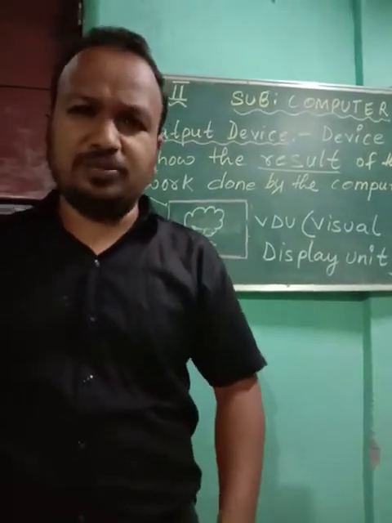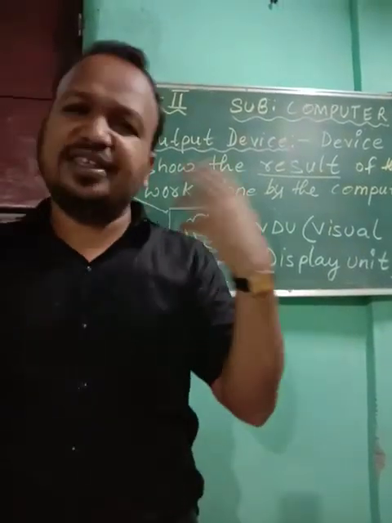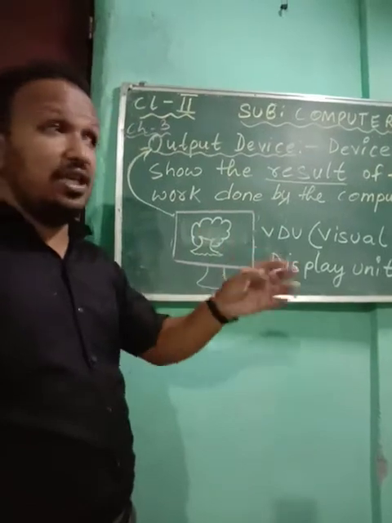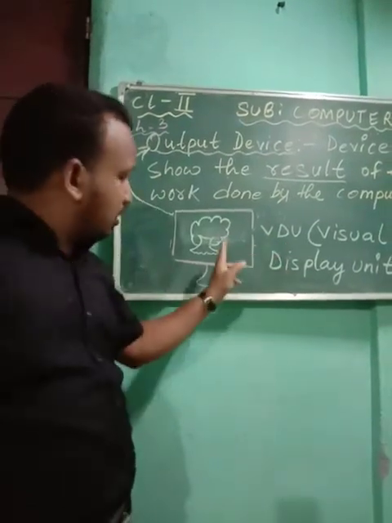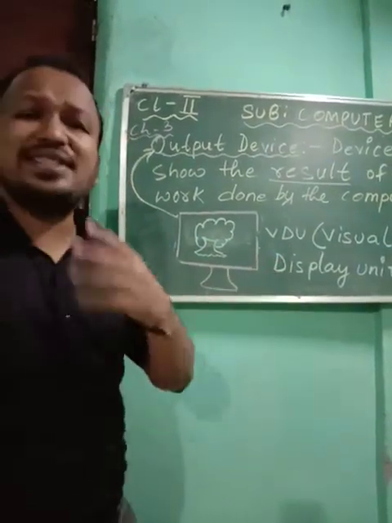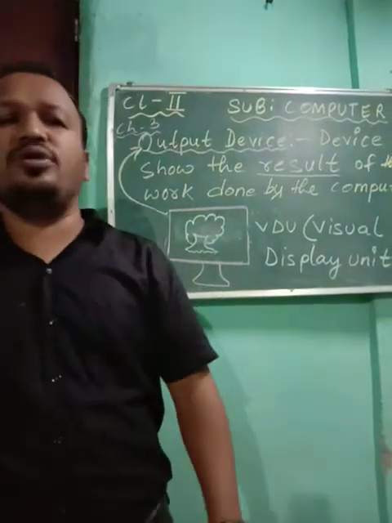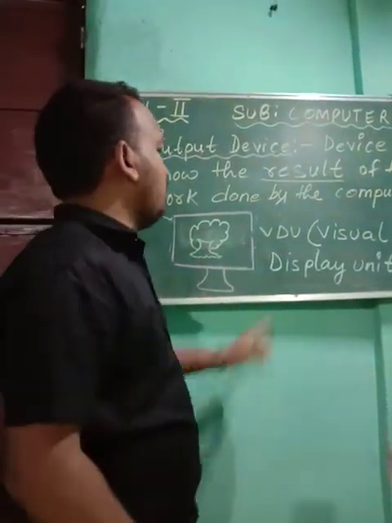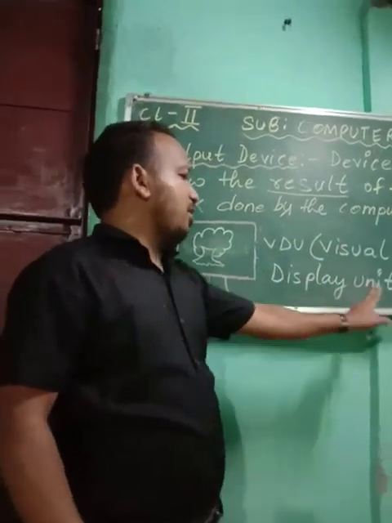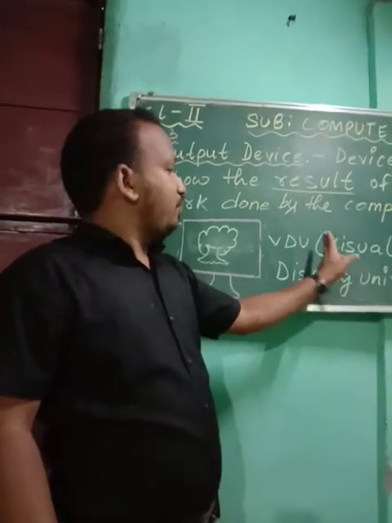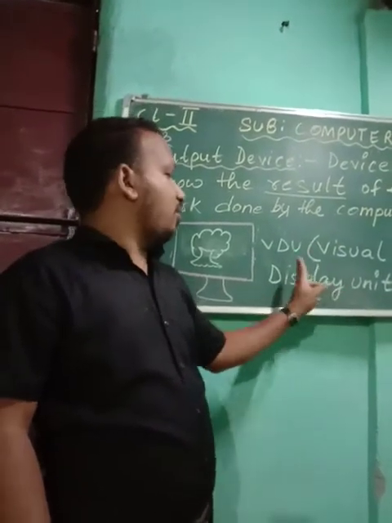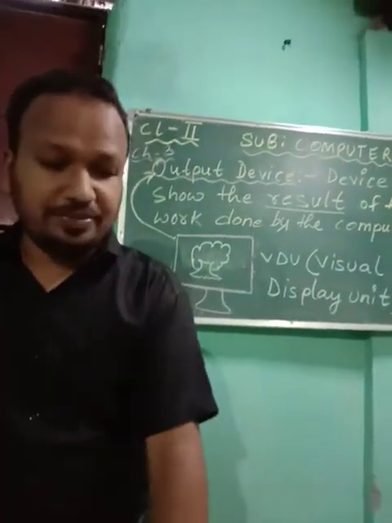No, it is not possible. If a music system is there, yes, you can hear the music. But if a television screen is there, you can look, you can see. So here also the monitor helps you to see everything you do in your computer. That's why monitor is also known as visual display unit.